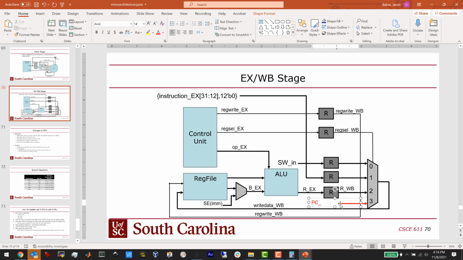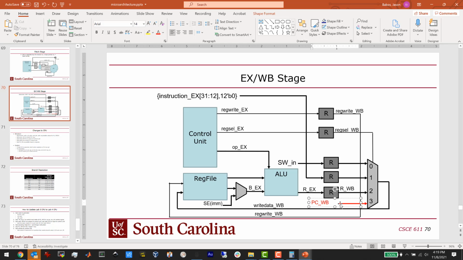Now, when you do a jump and link, your goal is to write the program counter value for the return address, right? So if you wrote PC write back here, then the value of that when the jump and link is being written back would be the address of the jump and link, right? So if you wrote this one and you returned from the subroutine, it would go back to the jump and link again, right?